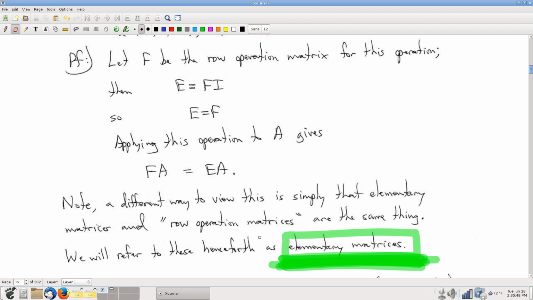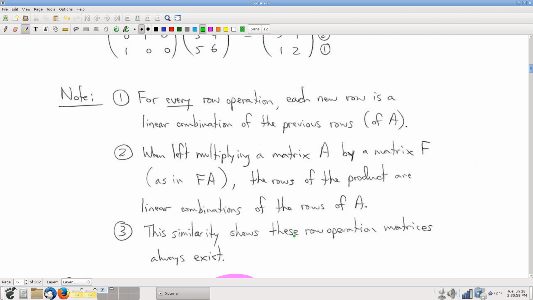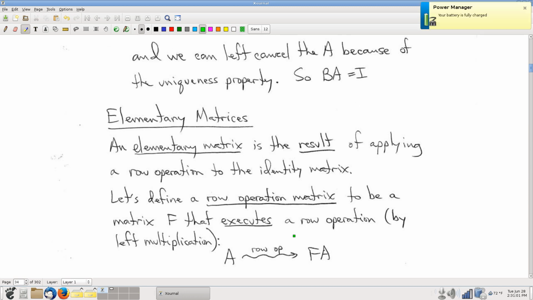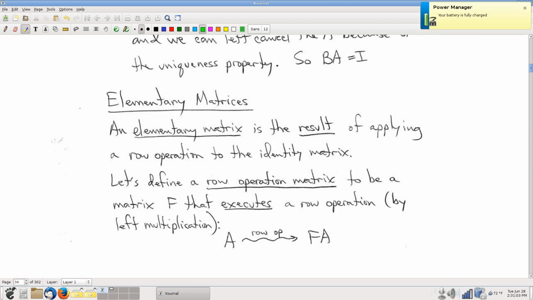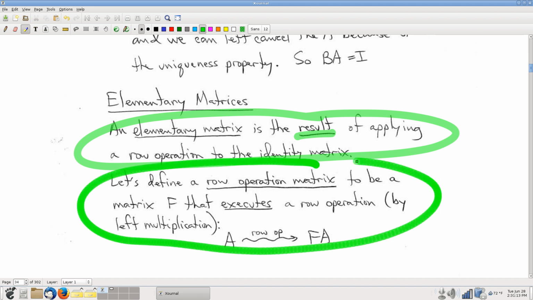On the other hand, we do need this term while we are proving this fact about elementary matrices, because they are different as definitions. You look back here at the definition of these two items, and you see an elementary matrix is defined as the result of applying a row operation, whereas a row operation matrix executes a row operation.